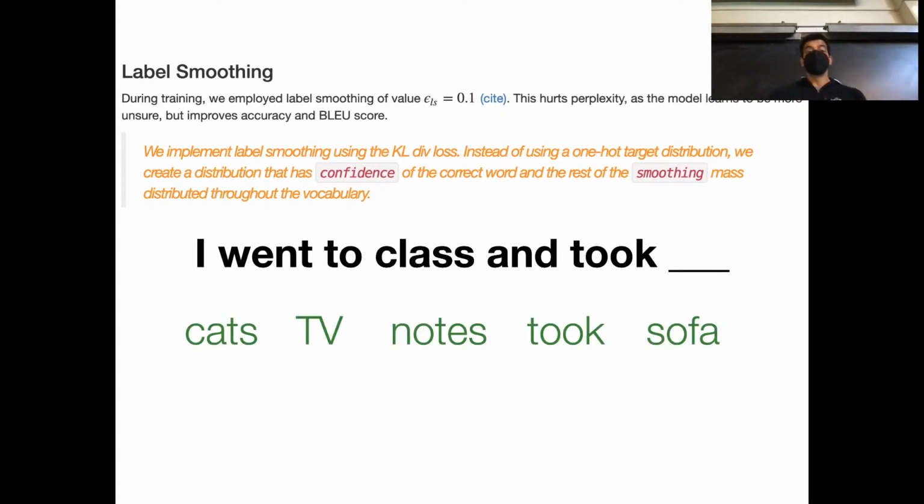Label smoothing is something that came up in a previous class, where maybe we don't want the model to put 100% of the probability on the word that it observes during training. So if the training sentence is, I went to class and took blank, and the training data has notes in it, the way that we've described this, we would put 100% of probability on notes and 0 on everything else.